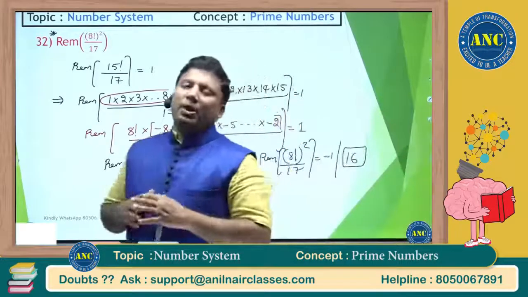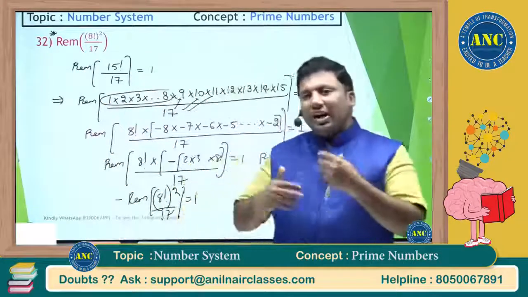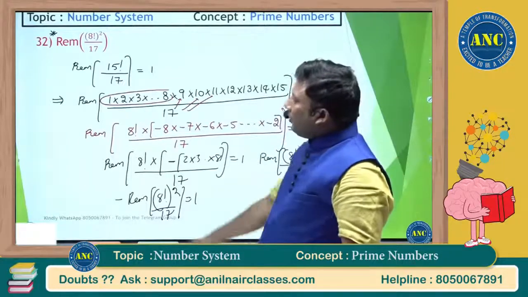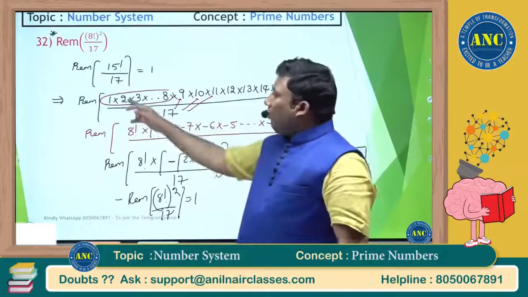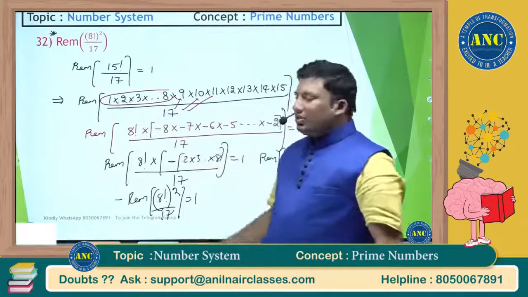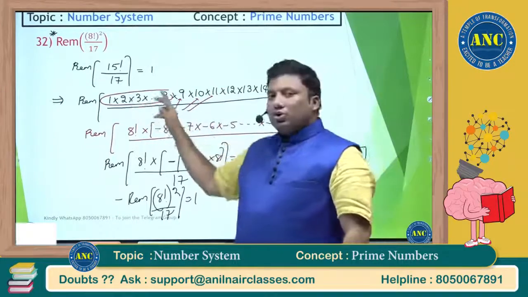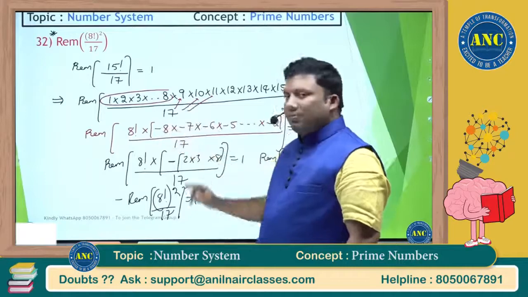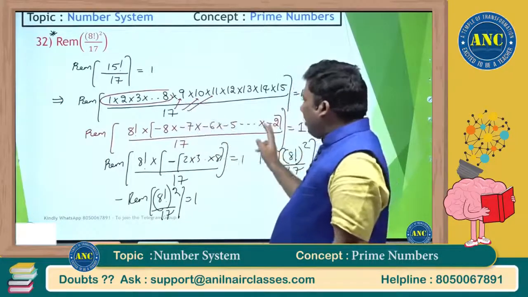Instead of asking p minus 2 factorial by p, he is trying to give a derived version of p minus 2 factorial by p. 15 factorial by 17, it is 1. 1 into 2 into 3 till 8, then 9, 10, 11, 12 till 15. 1 into 8 is 8 factorial. 17 ones are 17, minus 8, minus 7, minus 6, minus 2.